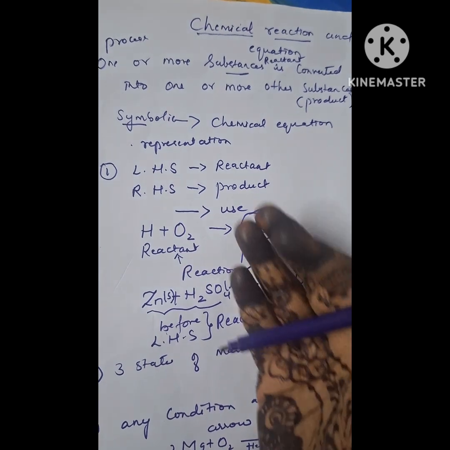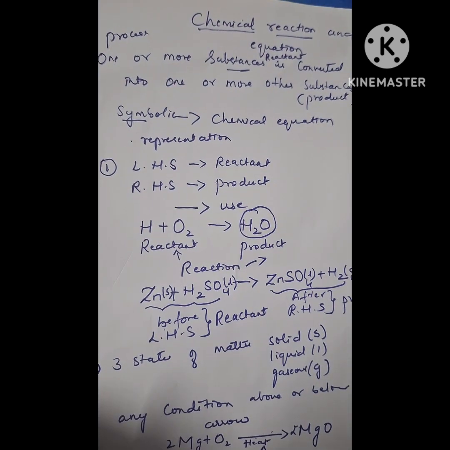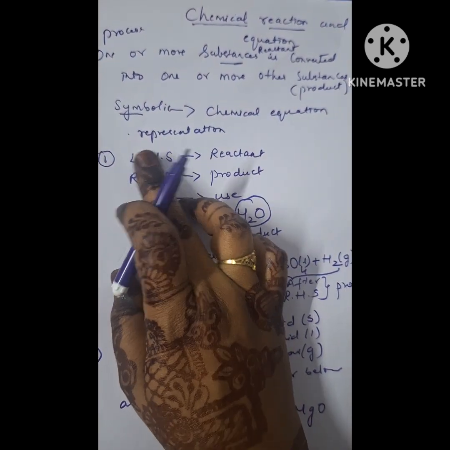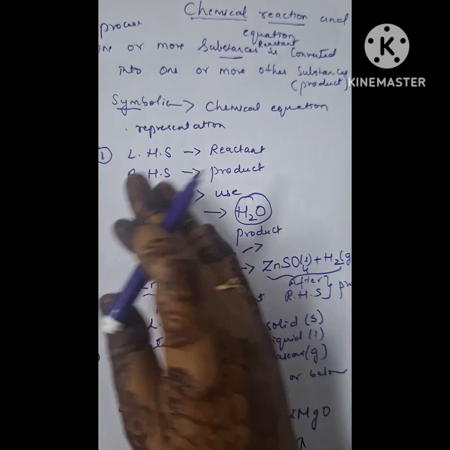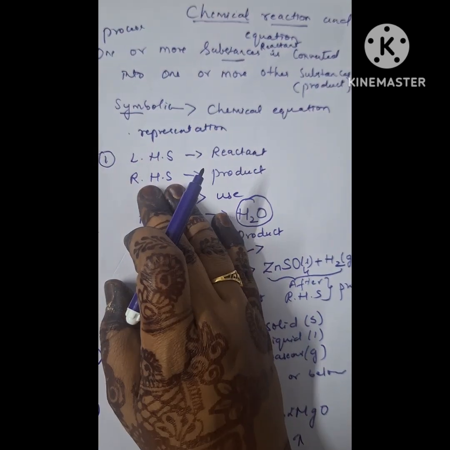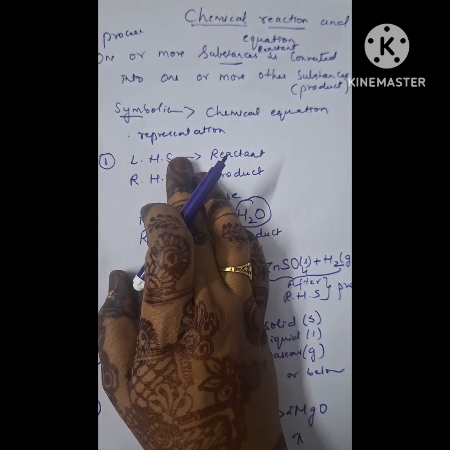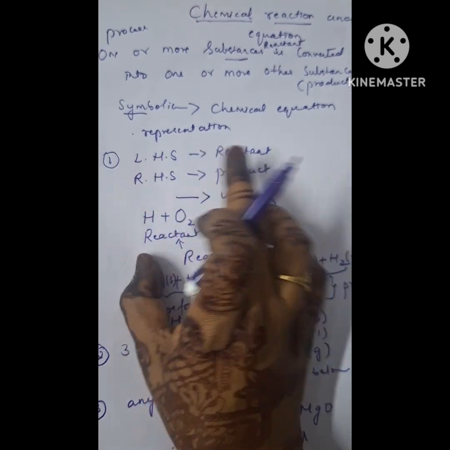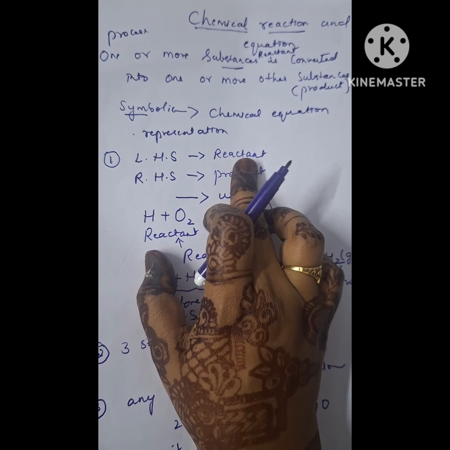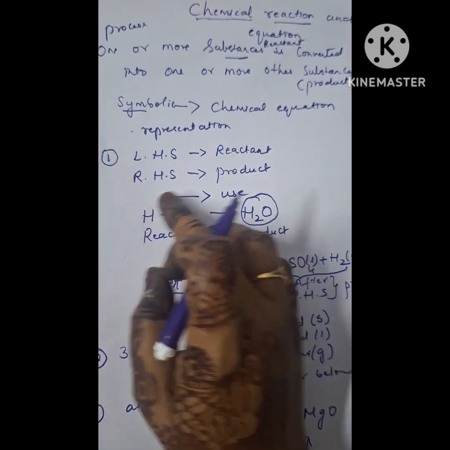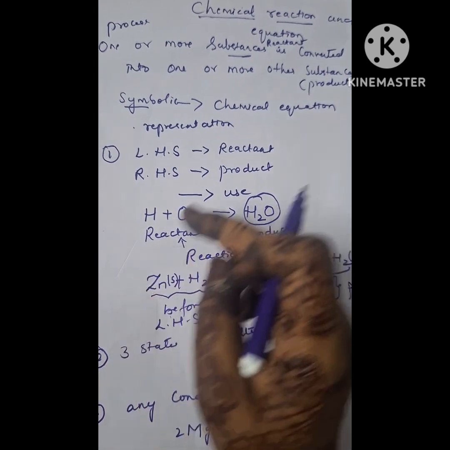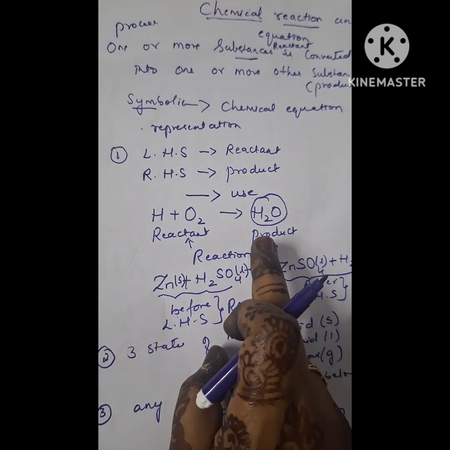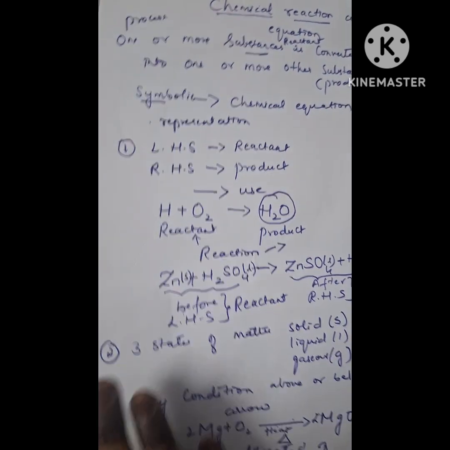To write any chemical equation, we need to follow certain rules. So first rule, in any chemical equation, we have LHS and RHS, that is left hand side and right hand side. Whatever substance you write on the left hand side is considered as reactant, and whatever you write on the right hand side is considered as product. Between reactant and product, we use an arrow mark. So we have given a simple equation.